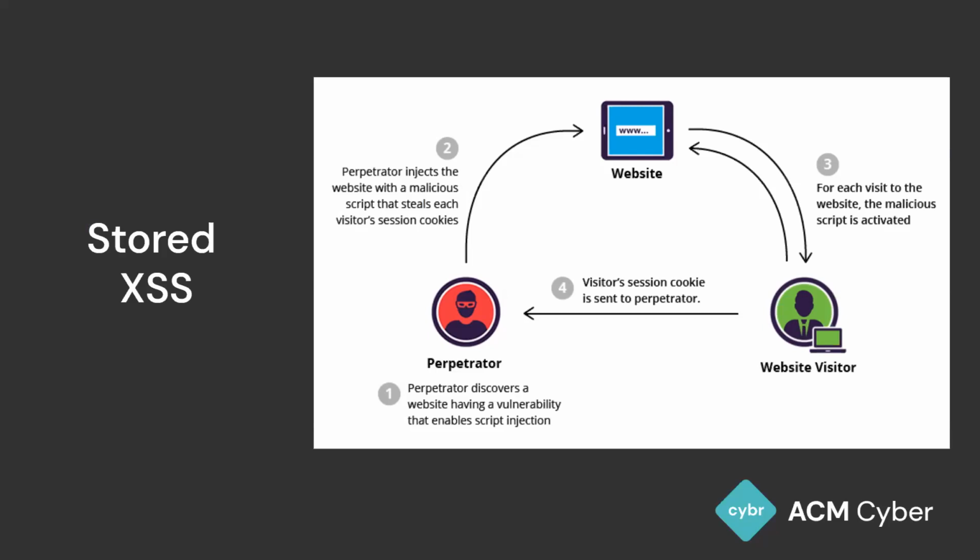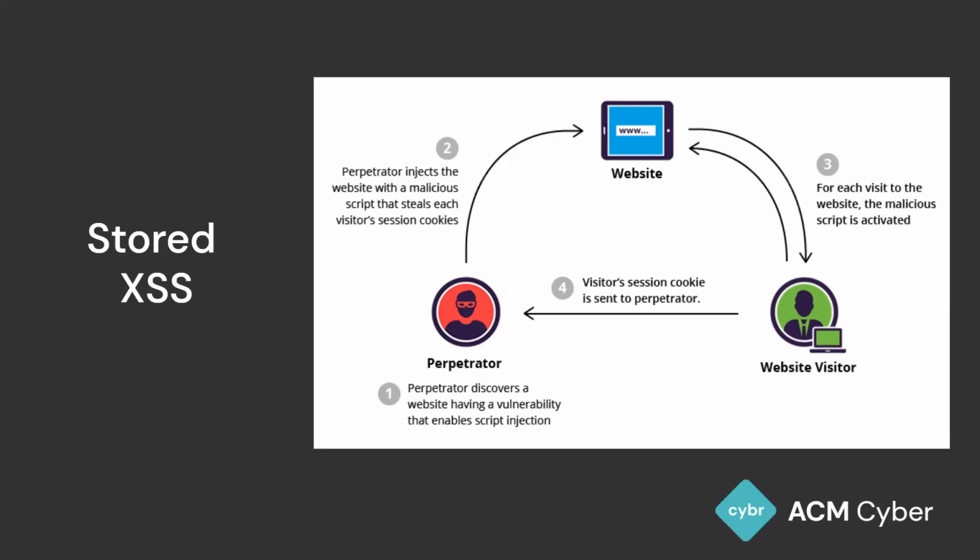If it's loaded into the website and then appears in the response to the user, we have the same situation as the first scenario, where a malicious script appears in the browser and gets access to things it's not supposed to, like cookies, and then it gets exfiltrated to the attacker. But now, for every user that visits the website, the malicious code is activated, right?